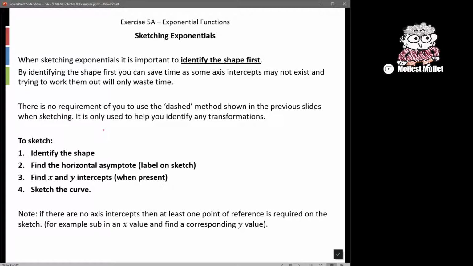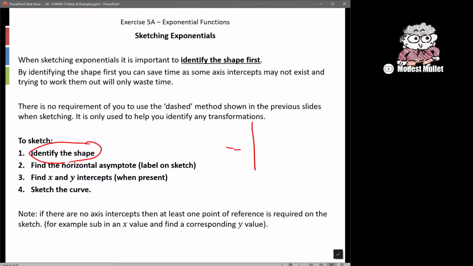So, following on from that, when sketching exponentials, it's important to identify the shape first. So once you've identified, especially the reflections, it's important to think, is it reflecting about the x-axis? Is it reflecting about the y-axis? Because once you do know that, and then if it is translated up or down, you might know where the intercepts are going to be. So think, what is the rough shape? Which way is it going to be?